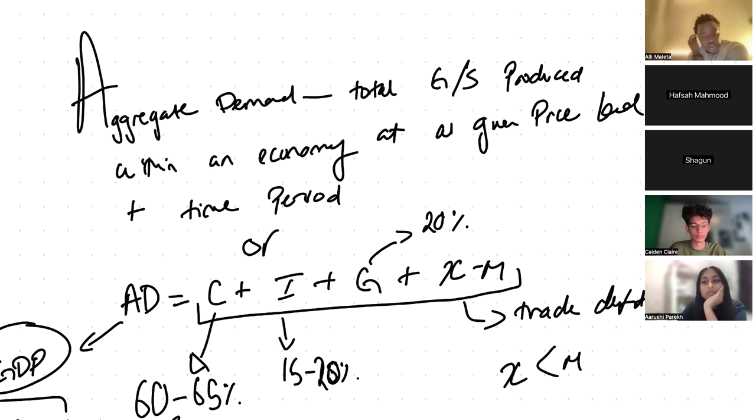Terminology you might hear is current spending. So this is day-to-day spending on running things like the NHS, schools, and so on. And then the other type of spending that they have is capital spending. And that's on things like investment in infrastructure, which will increase long-term productivity.